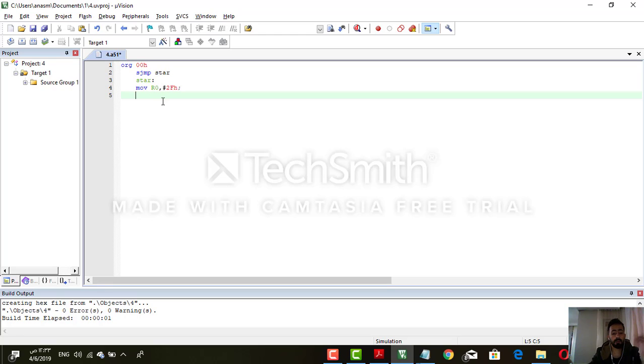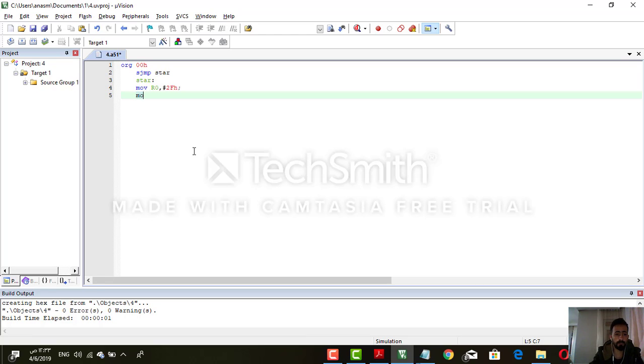Also, we have to write the count, to know how many times we will count. The count will be 16 times, because the addresses are between 20 until 2f.